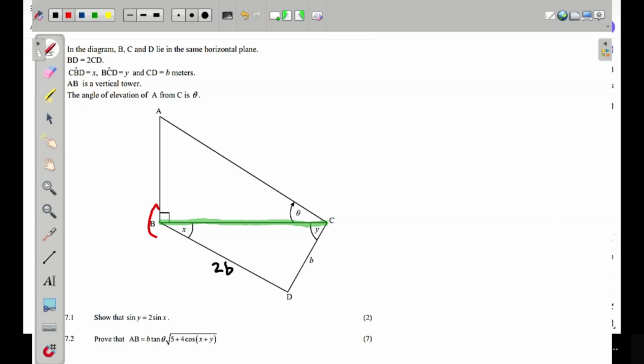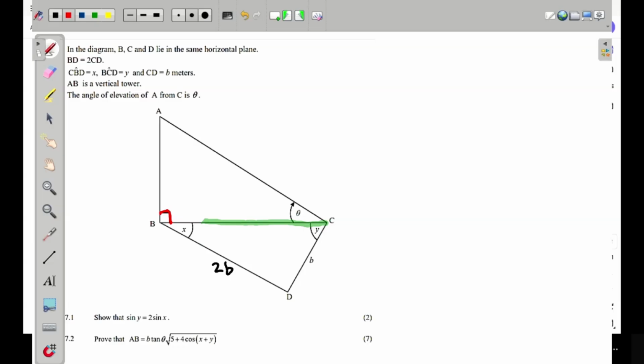They have marked a right angle to show this. And let me say this again. If they had not put that right angle, the fact that AB is a vertical tower gives you the right to indicate that this angle is a right angle. Had it not been indicated, it is on you to indicate that it is a right angle.